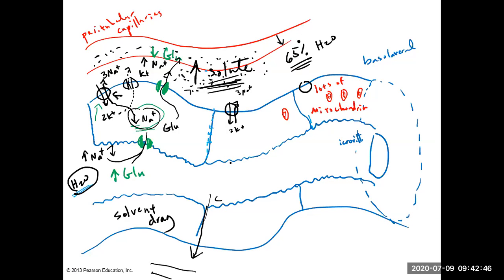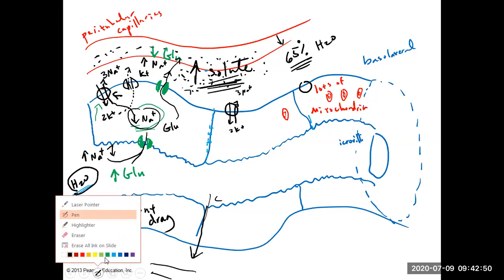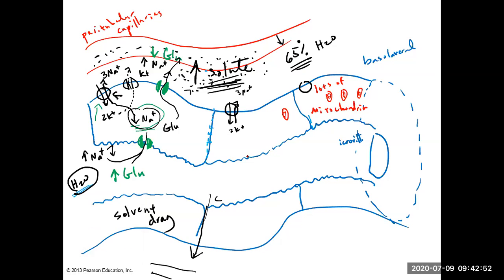Amino acid reabsorption is a very similar phenomenon. I'm just going to use a different color for that. So let's just use the red color in this case. All right. So same thing, you have amino acid and the sodium, and again because you have a lower level of sodium inside, a secondary active transport, sodium is coming in, but along the way amino acids are coming in as well.